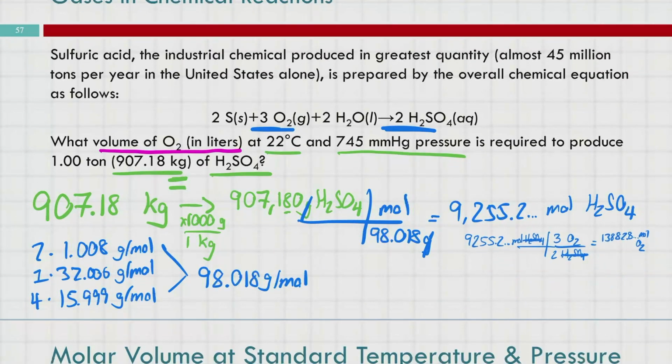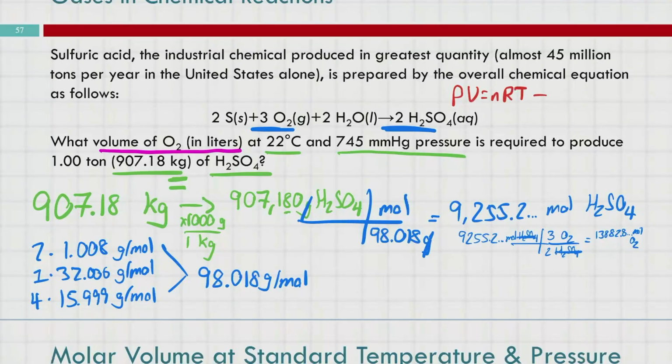I'm going to shrink that calculation to give myself some room. We are trying to find volume. So for volume, we can take our ideal gas law and solve for V. So PV equals nRT. We'll turn that into V equals nRT over P. R is our ideal gas constant, and T and P need to be in the correct units for our ideal gas constant.